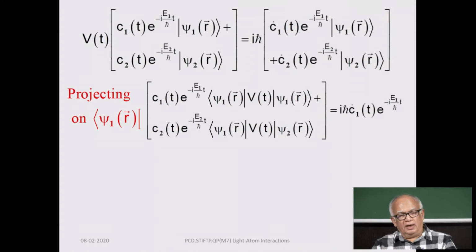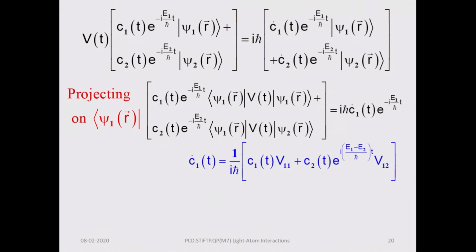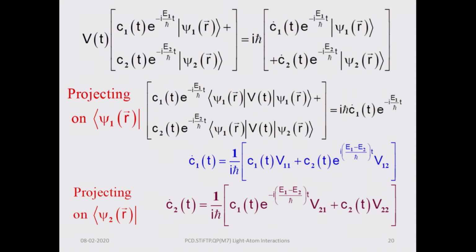The other term will give you the matrix element of the interaction operator V in the states involved. So, once you write it down, you get the expression for the time dependence of the coefficient C1, and a similar relation you get by projecting that equation on psi 2 for the time dependence of C2.